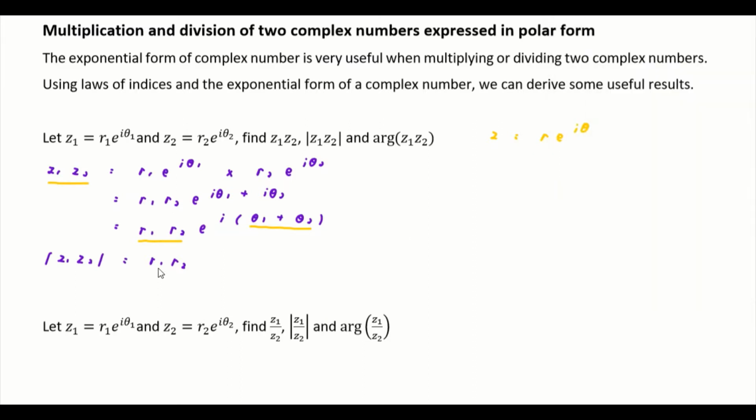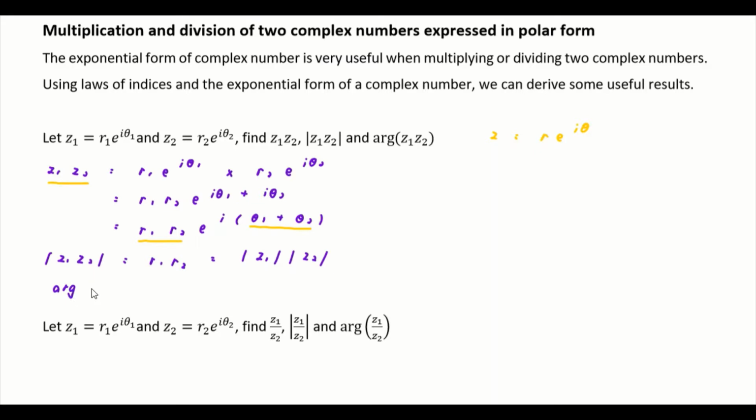So now let's continue. We have Z1 Z2 with R1 R2. How do we get R1 R2? It's basically the modulus for Z1 and the modulus for Z2. So if we want to find the modulus for Z1 multiplied by Z2, without doing the operation, we can straight away take the moduli and multiply them together. Now let's look at the argument.